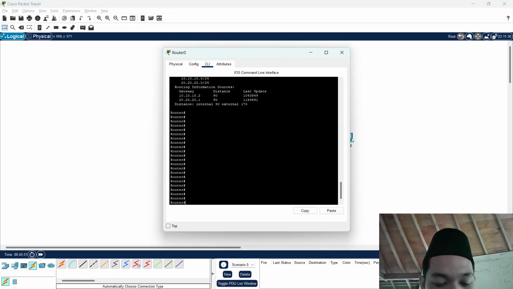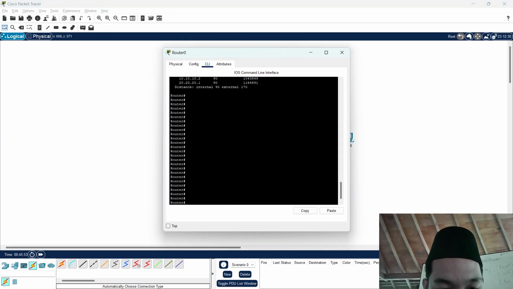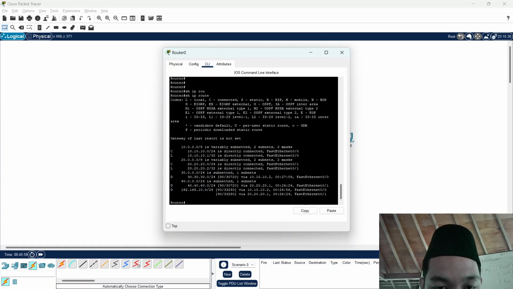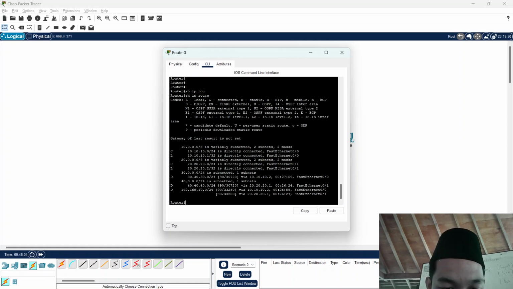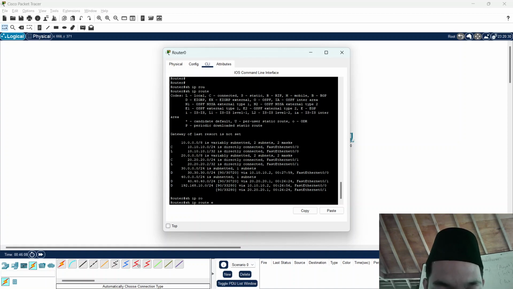First you open the router, and then you type show IP route. Sorry, show IP route EIGRP.